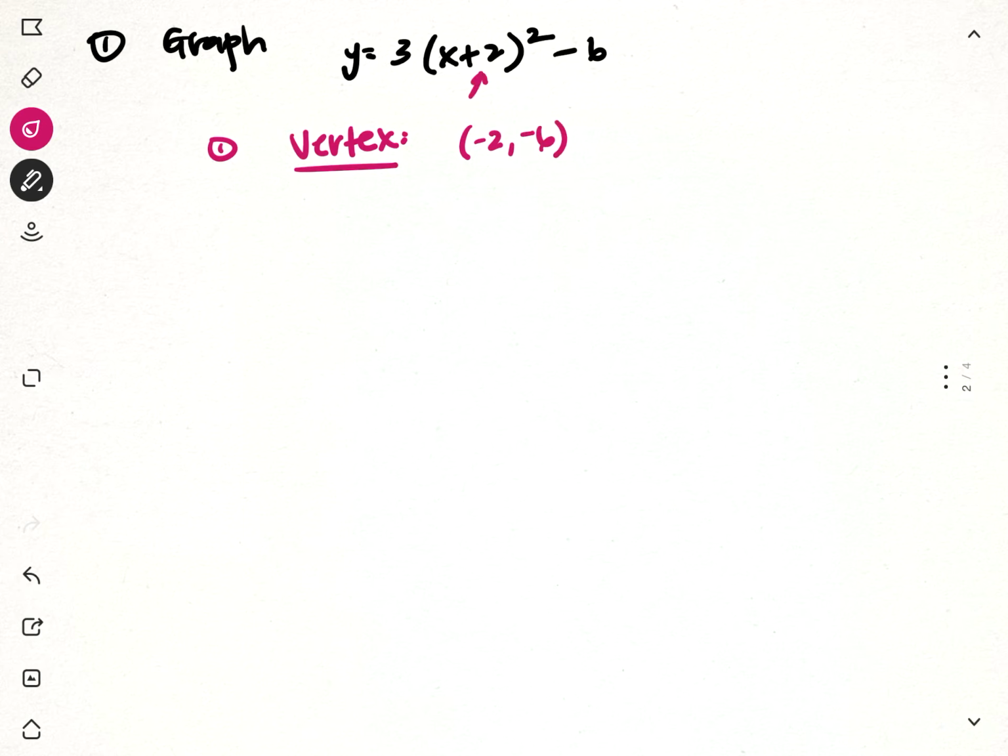If we're looking at this in the proper form, x minus -2 is the same thing as x plus 2. So actually our x here is going to be negative from this parentheses. The other way to think about it is that it's just the opposite sign for x.